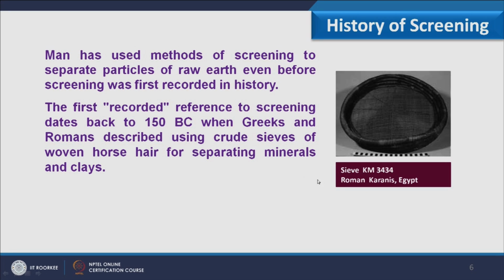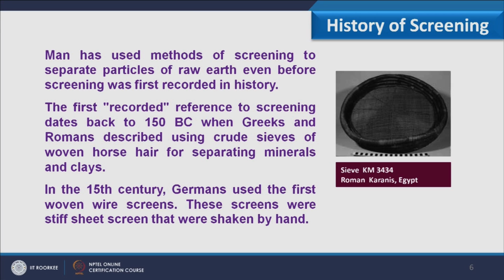The first recorded reference of screening dates back to 150 BC, where Greeks and Romans described using crude sieves of woven horse hair for separating minerals and clays. So, this particular screen is made of horse hair.